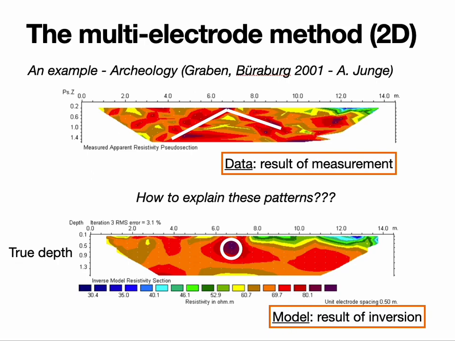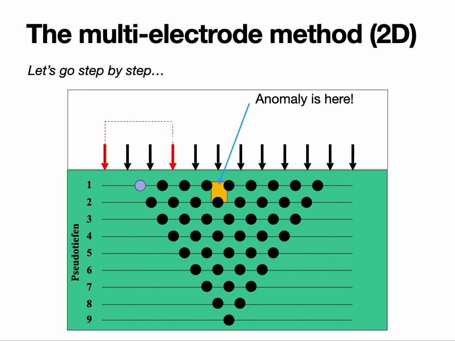So let's have a look again at this example. We go step by step now. We have multiple electrodes at the surface, and here, close to the surface, there is an anomaly. So we inject current from this point, and we measure the potential using the other electrodes here.